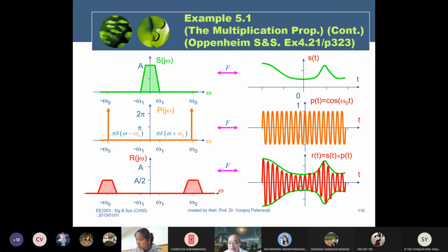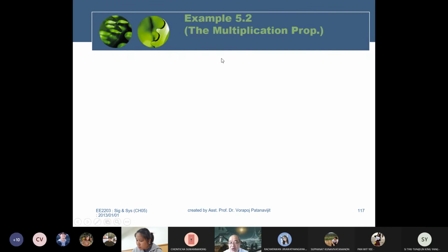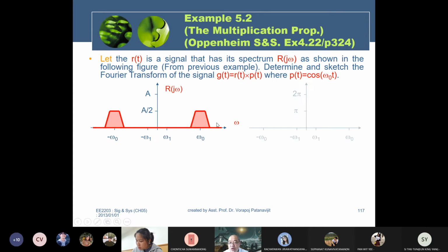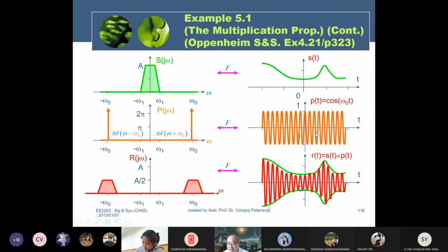If you would like to listen to this signal, you must demodulate it. How do we demodulate? The key is that you must know omega naught. You must know the frequency that you would like to demodulate. It's the same idea as when you would like to listen to the radio: you know that today you would like to listen at the channel 90 megahertz or 103.5 megahertz or something like that.